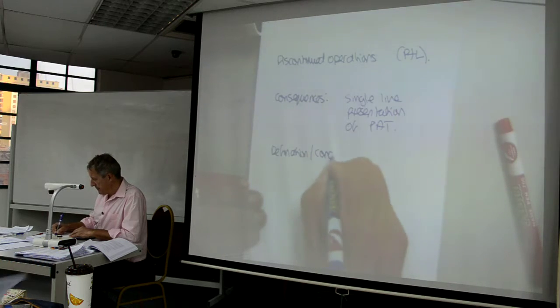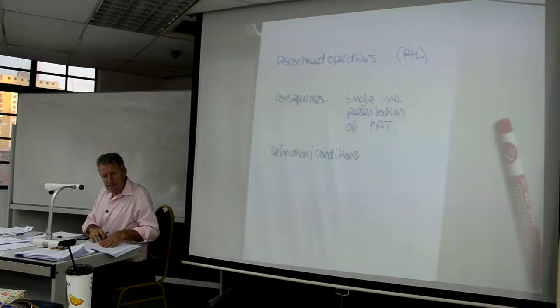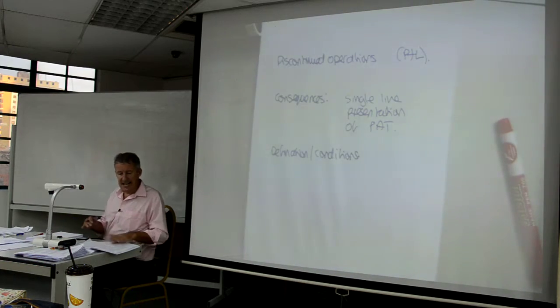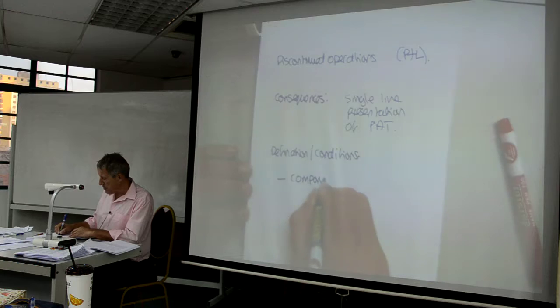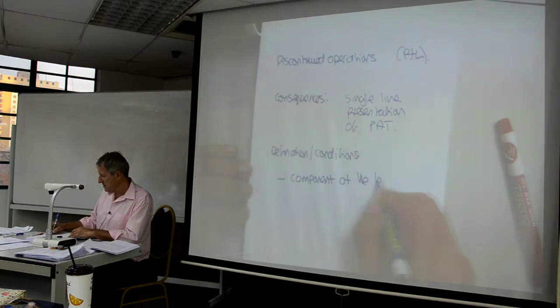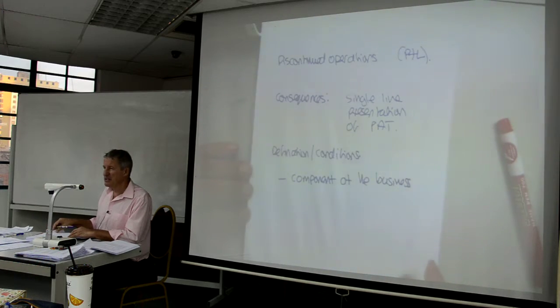Definition, conditions. If we are looking at a discontinued operation, then we talk about the discontinued operation as being a component of the business. So it's probably a sub or a segment.